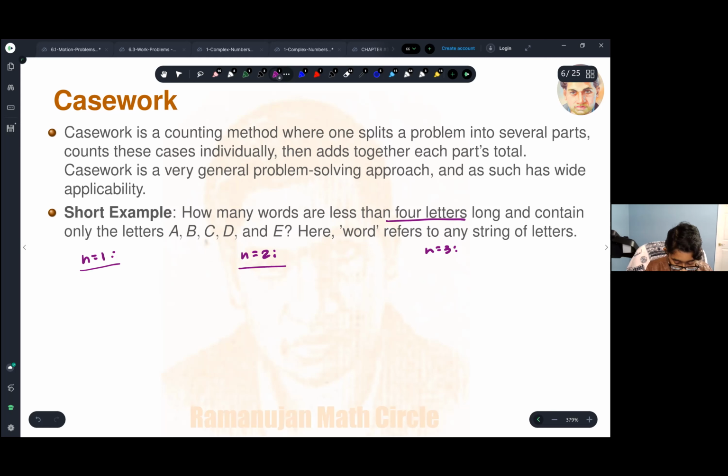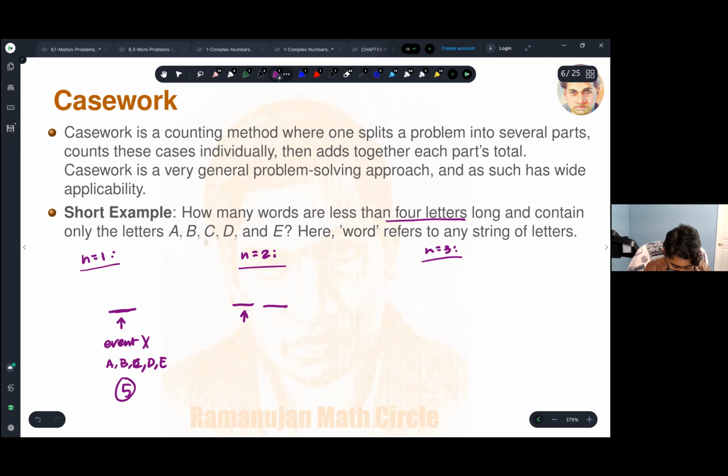So now we're just going to try to solve for these cases. When n is equal to 1, that means there's just one blank. There's only one event, and I'm going to call that event X. A, B, C, D, or E can go in this blank, so that's 5 possibilities.